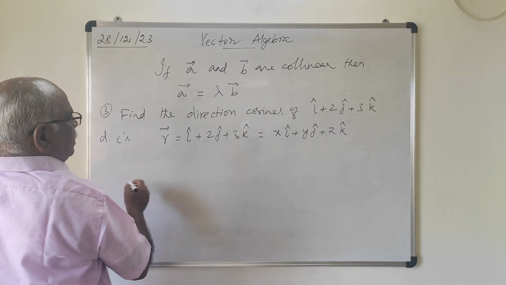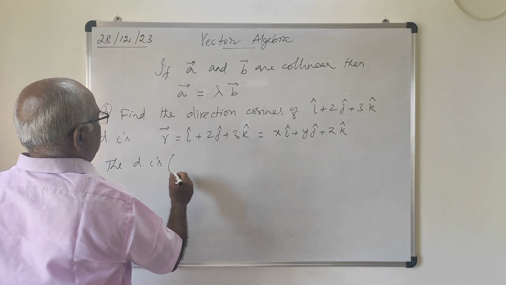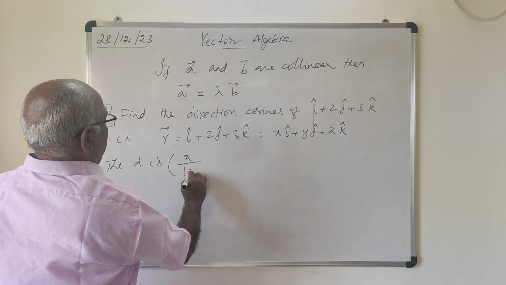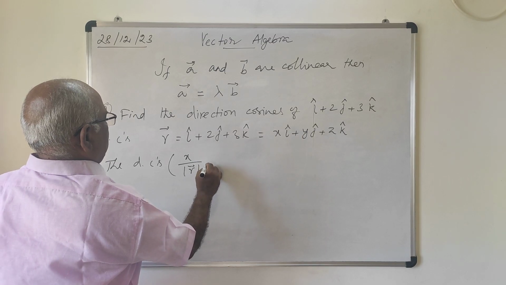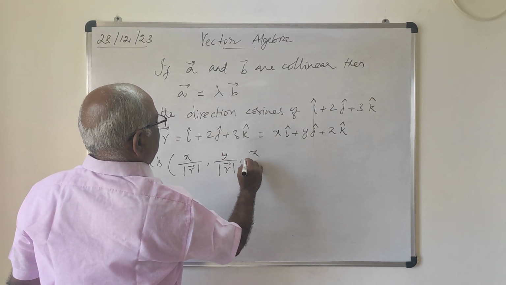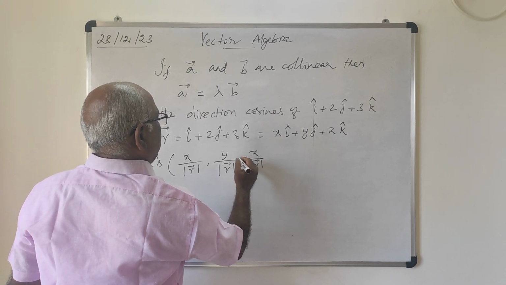By our definition, the direction cosines are x by modulus of R, y by modulus of R, z by modulus of R. This is our formula for DCs.